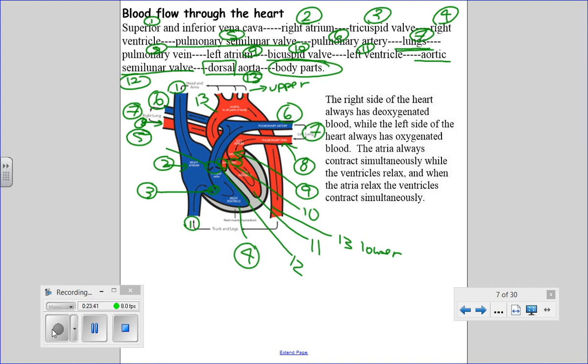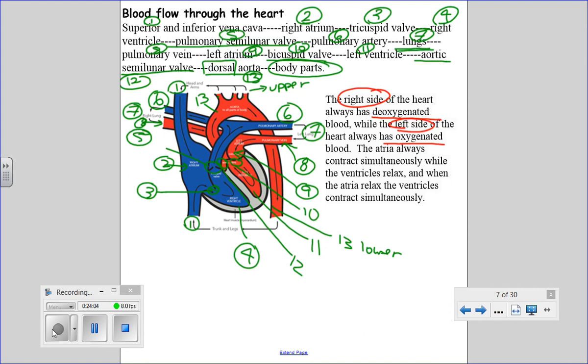And so one of the things that's really important for you to recognize, now that we know all these pieces, right side is always deoxygenated blood. Left side, oxygenated. That's because on the right side, blood hasn't gone to your lungs yet. On the left side, it has.